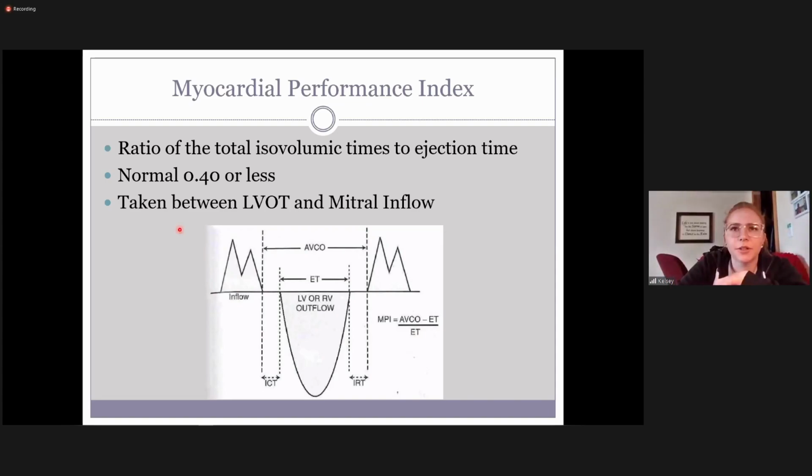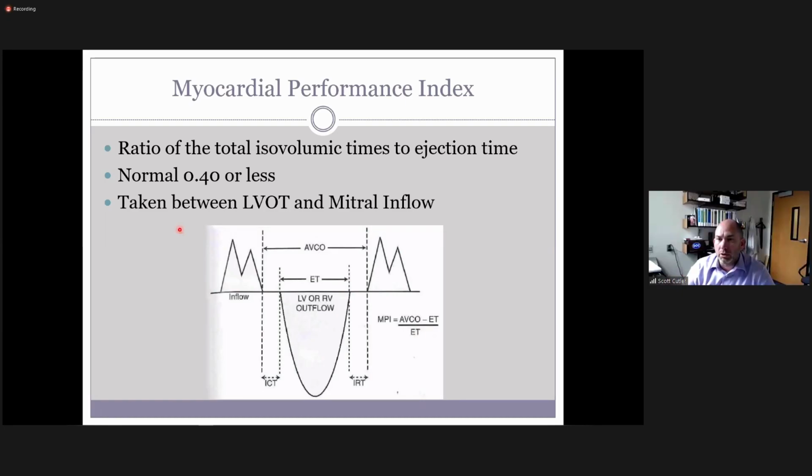But can't you just measure the S prime with TDI instead of using MAPSE? You can measure the velocities of that. That may have some correlation, but most labs have found that TAPSE is quite a useful measurement. It sounds like most labs are doing that.